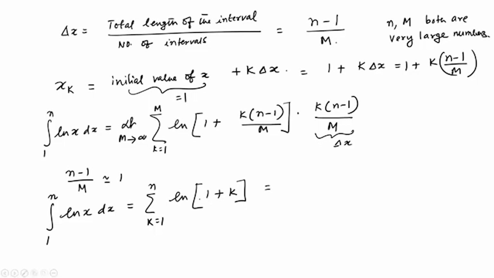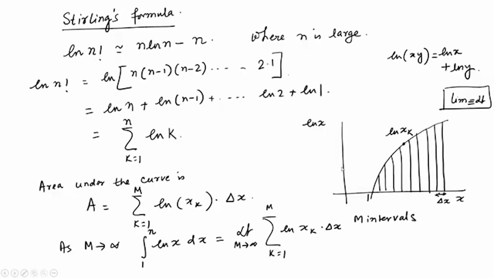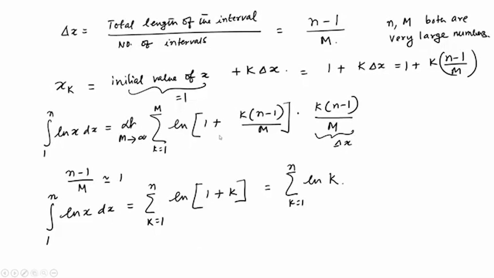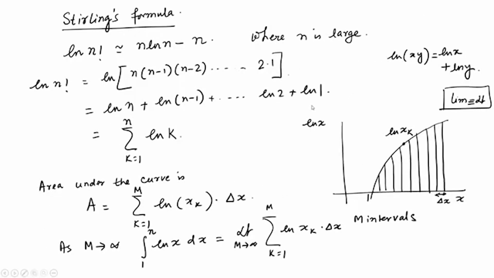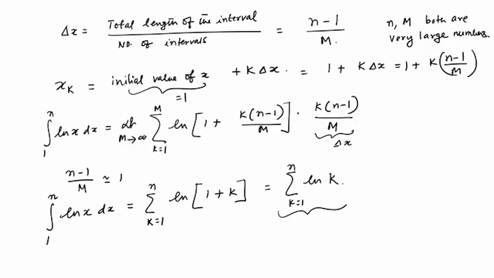So, we can simply write that this equals the sum over k equal to 1 to n of log of k, and so that sort of tells you that we did not want to write this directly as the integral of a log from 1 to n, but that can be rigorously proved that this sum is what we have at hand, because this is the sum that comes here in the Stirling's formula, which is nothing but equal to log of n factorial. So, this is equal to log of n factorial.